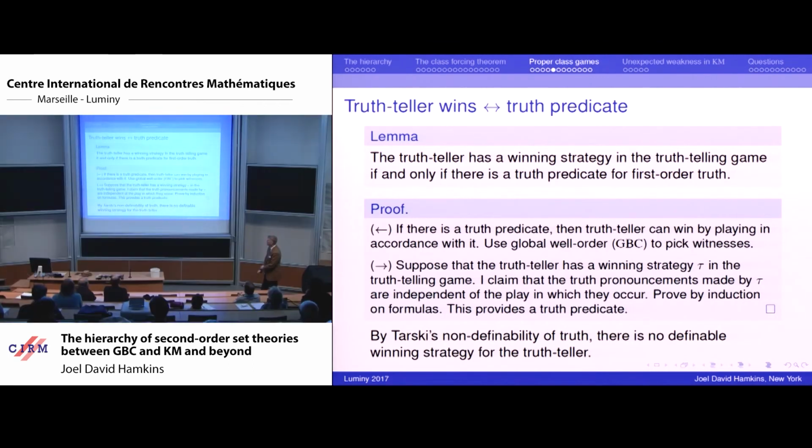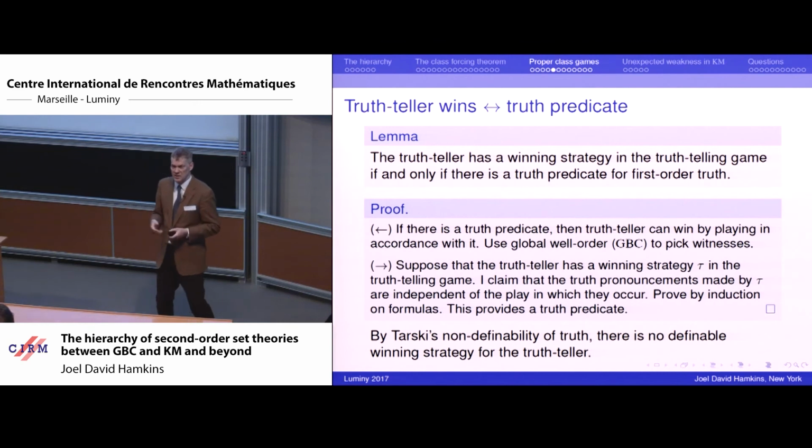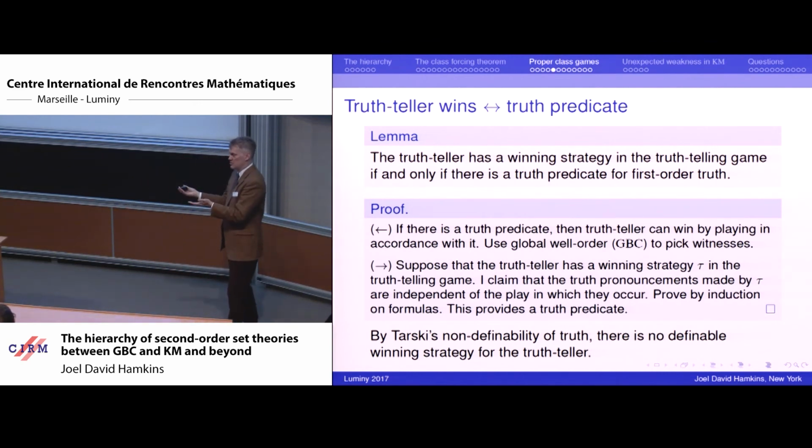And the truth teller has a winning strategy if and only if there's a truth predicate. So, of course, if there is a truth predicate, if we have a class which obeys the Tarski recursion, then the truth teller can simply consult that class and answer according to that class. And so that will be a winning strategy because she'll never violate the Tarski recursion, because the truth predicate obeys the Tarski recursion.